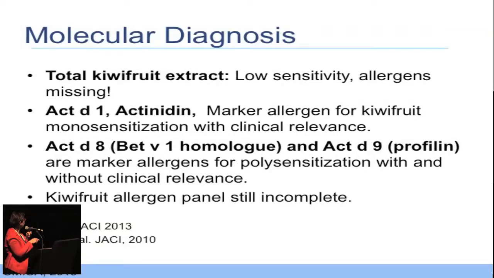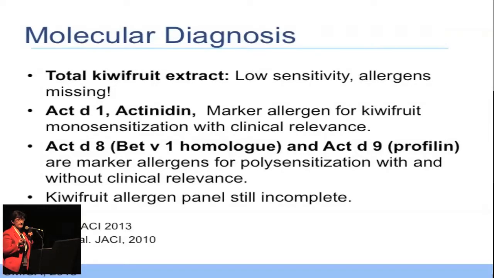And we do think that the kiwi fruit allergen panel is still incomplete. Just a note, in addition to this, you may have heard that the golden kiwi fruit is different. So there is a new variety on the market, and actually there are more varieties on the market, but you may have seen this golden flesh kiwi fruit, which lacks or has very low levels of Act d 1.